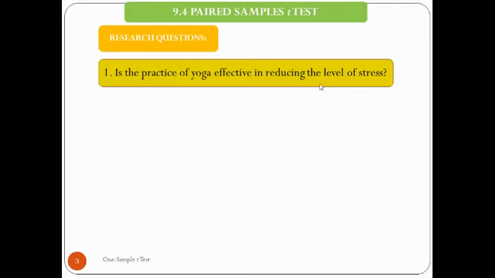So basically, this research question implies that you are going to collect data from the same group of respondents or subjects. So the sample is only one.